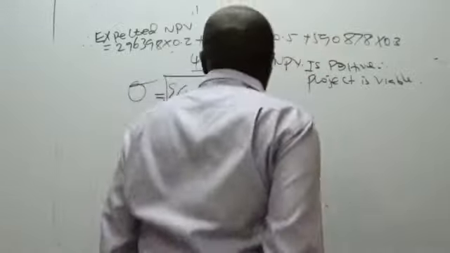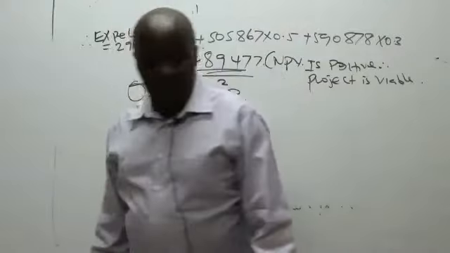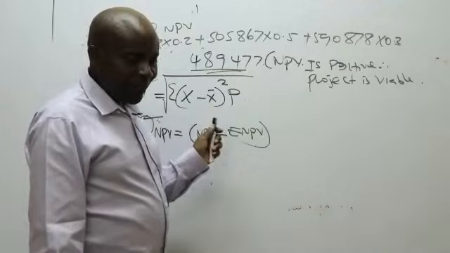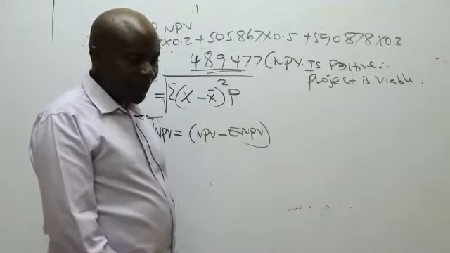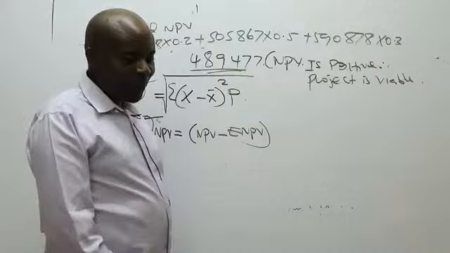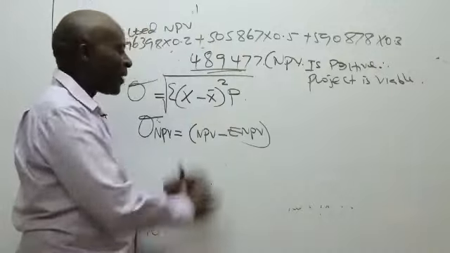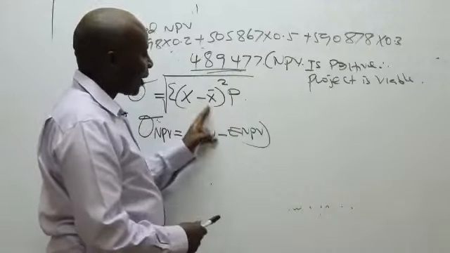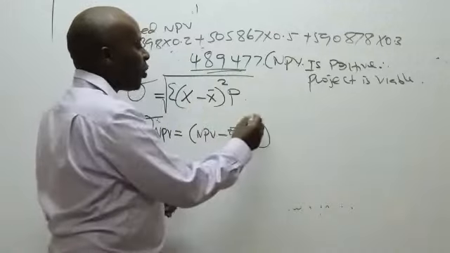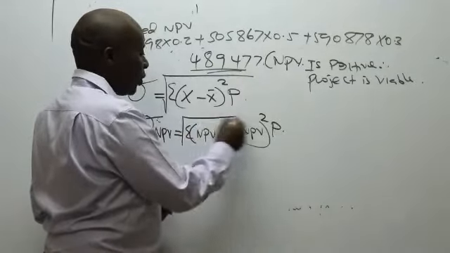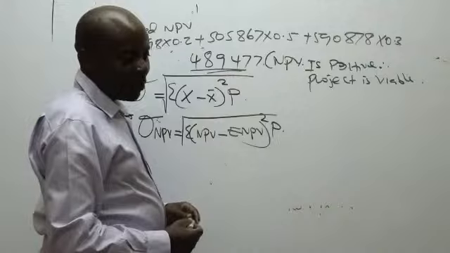X bar is the same as expected net present value, our average. Then we square, times probability, then there is a summation, and then a square root on top.